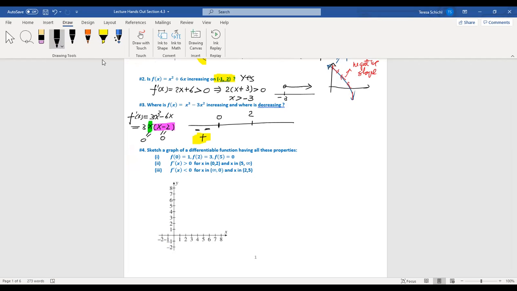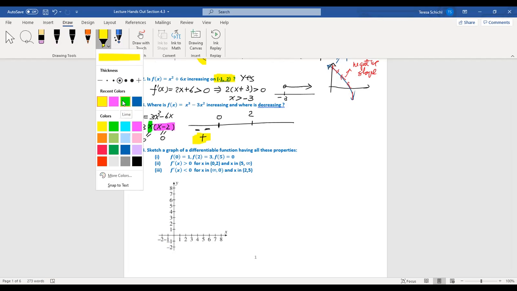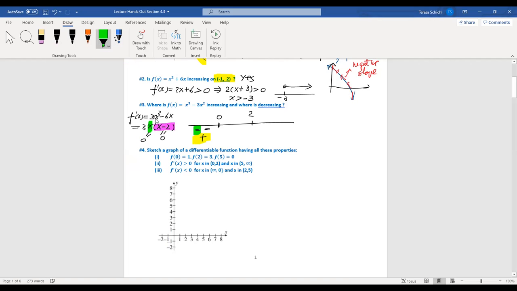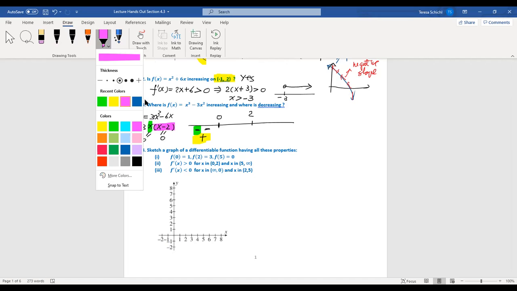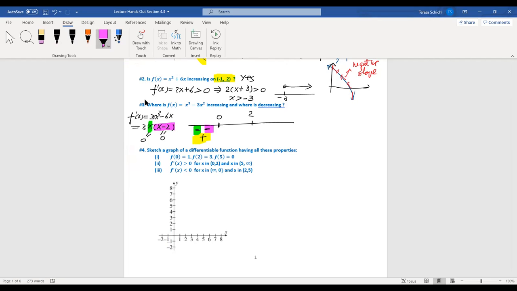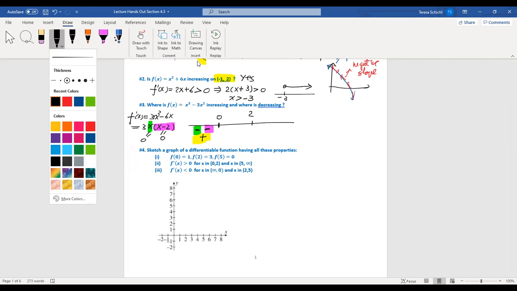Between the 0 and the 2, you can choose any number. Let me try to highlight. This negative is from x minus 2. Maybe the color coding will make it better. So choose anything from 0 to 2, say 1.